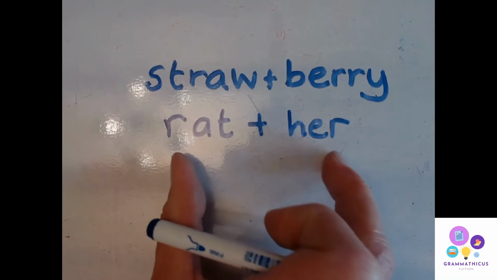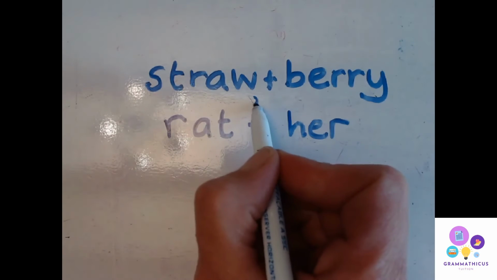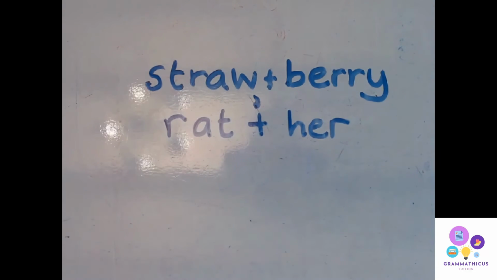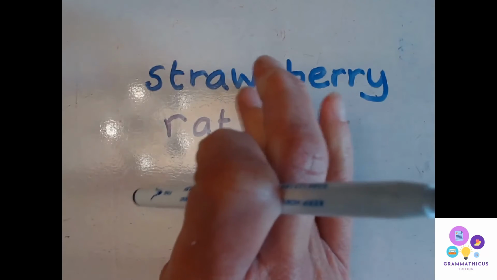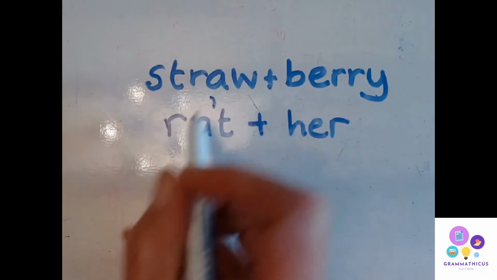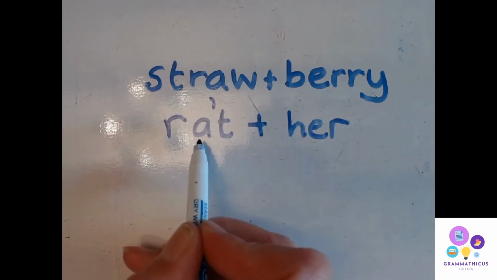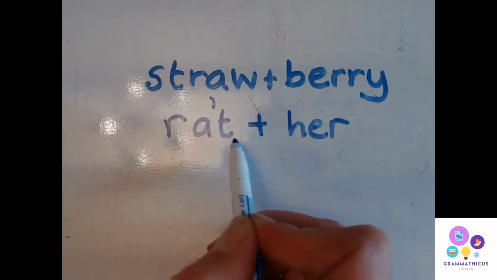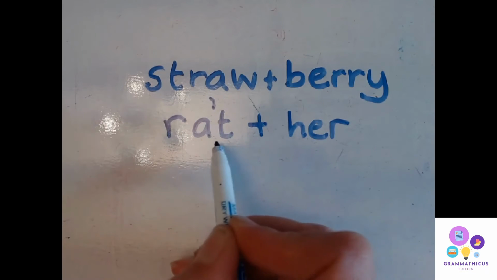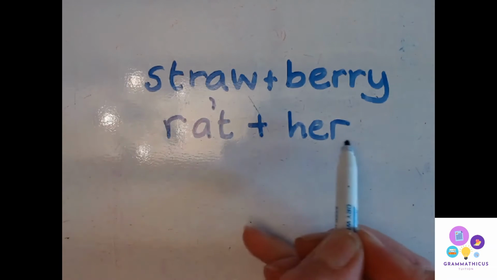The way the word's being split, we're breaking the syllables, so we're saying rat, her. But if we try splitting them somewhere else, the word sounds different. If I say ra, and then I roll the T and the H together rather than saying them separately, we're running it into rather.